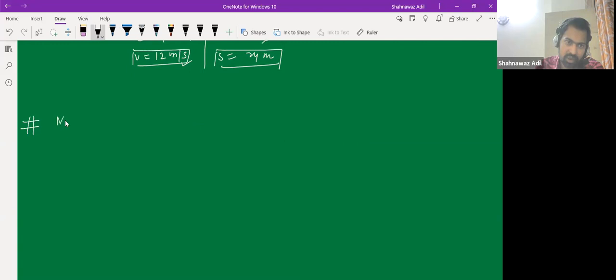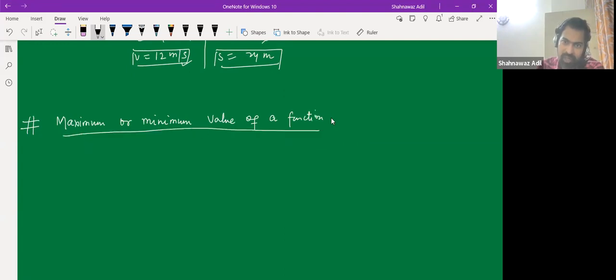This is called the maximum or minimum value of a function. You guys will see why calculus is so vast and how it is used.